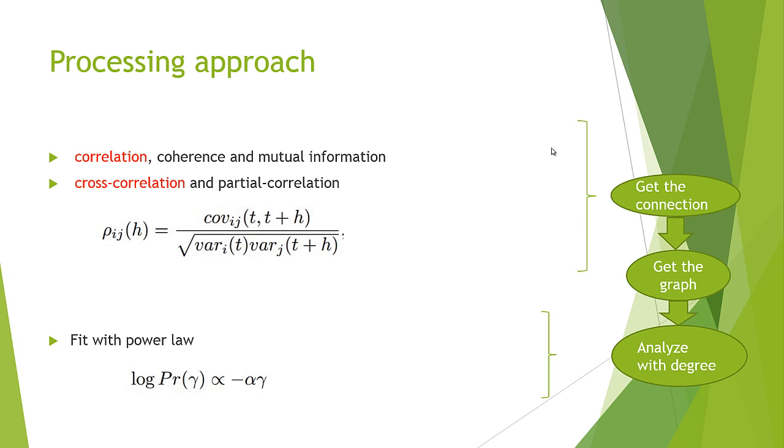The data processing approach we engaged is mainly correlation based, and in general there are three kinds of techniques one can use to study the connectivity properties of the network: correlation, coherence, and mutual information. All three methods are widely used.